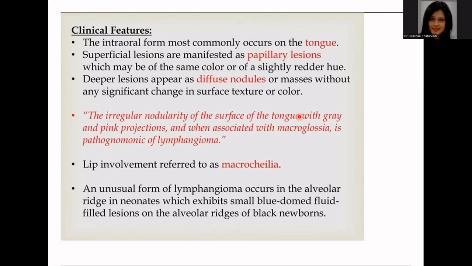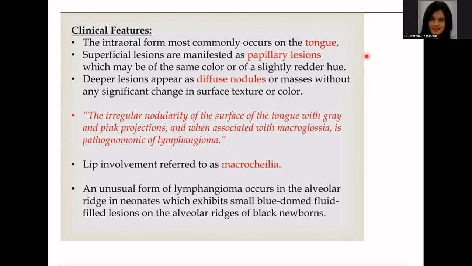And if we look at the clinical picture of these lymphangiomas, the intraoral form most commonly occurs on the tongue, and superficial lesions are manifested as papillary growths, the same color as the surrounding tissue or slightly on the redder side. While the deeper lesions appear as diffuse nodular masses without any significant change in surface texture or color.